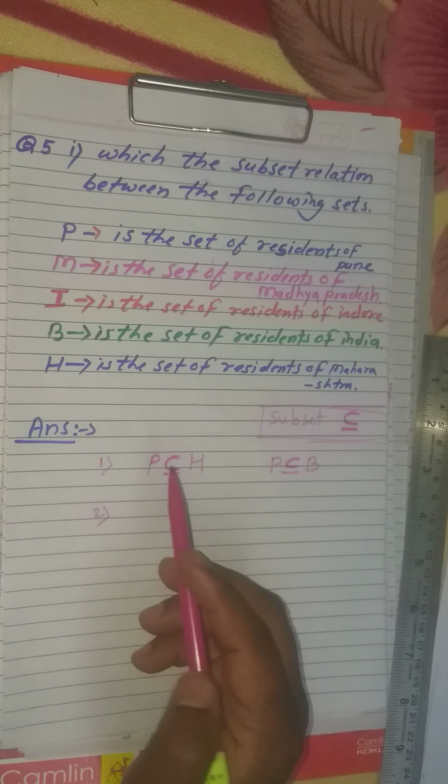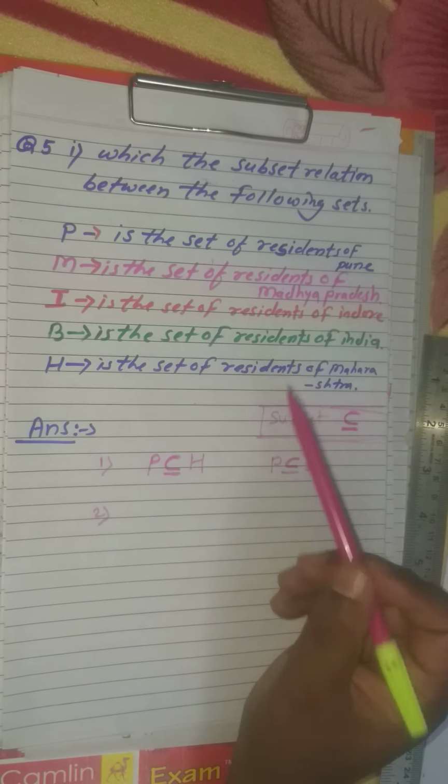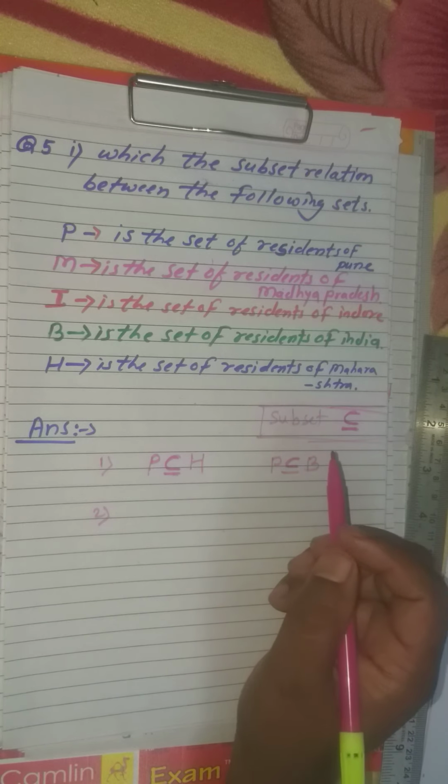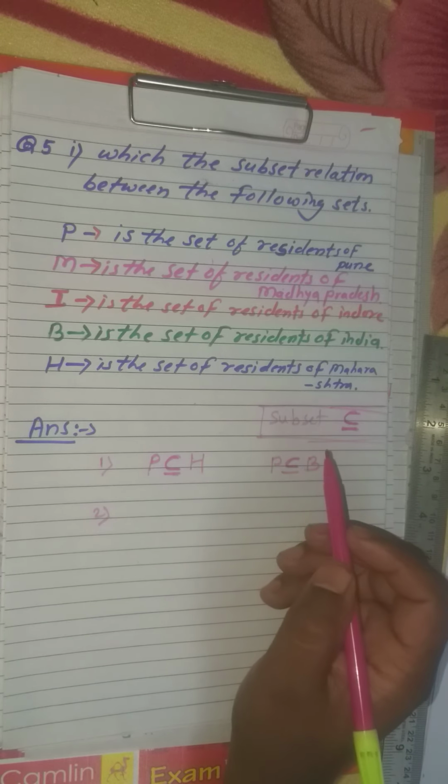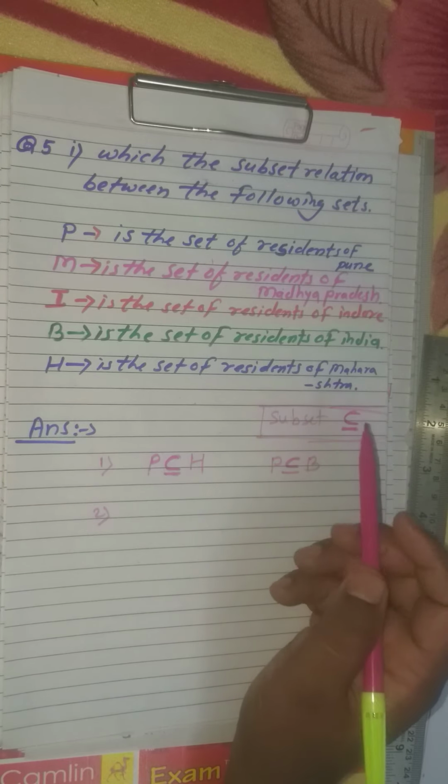Now the second is: M is the set of residents of Madhya Pradesh. Madhya Pradesh and Indore are related terms. Indore city is present in Madhya Pradesh.